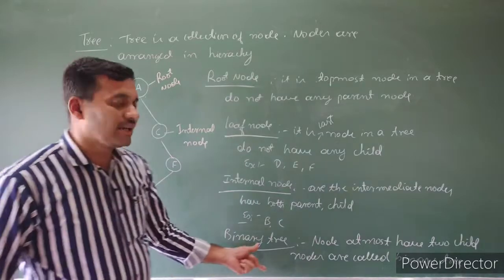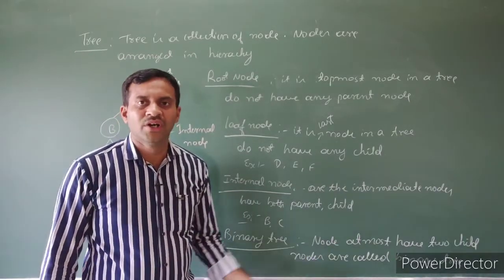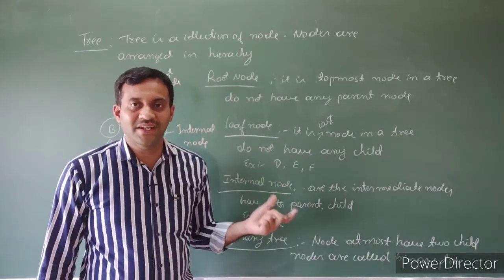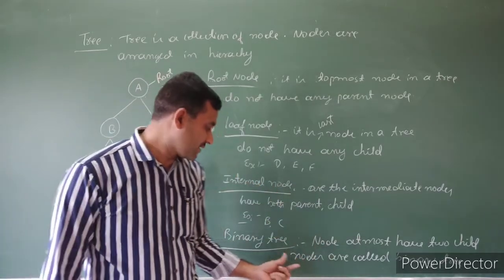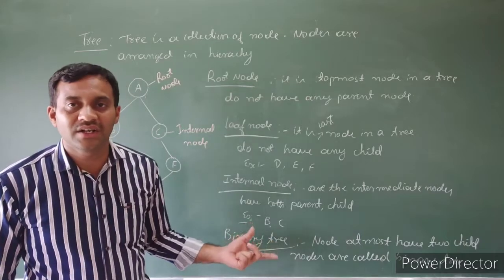A node has at most two descendants. The children are also called descendants. A tree with at most two children per node is called a binary tree.